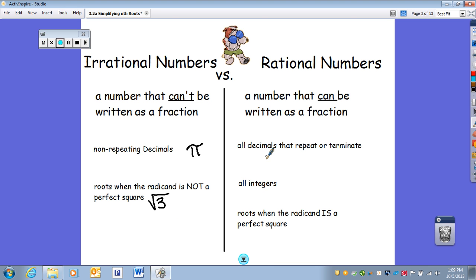For example, we might have a fraction 1/2, a decimal .25. Integers could be -5, 0, 1000, or a perfect square, for example, the square root of 4. You've known from a previous course that the square root of 4 is 2.